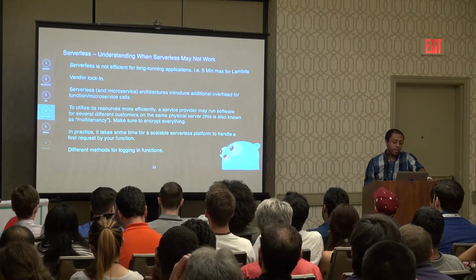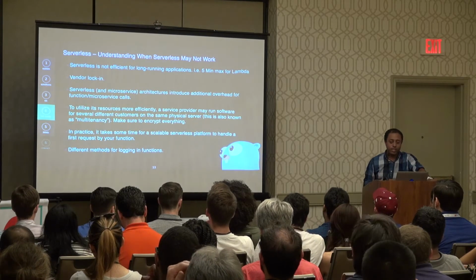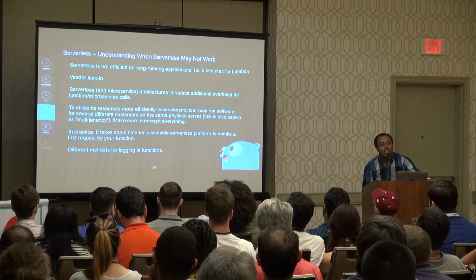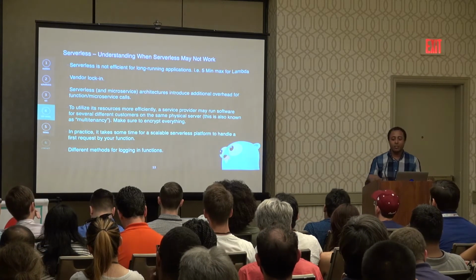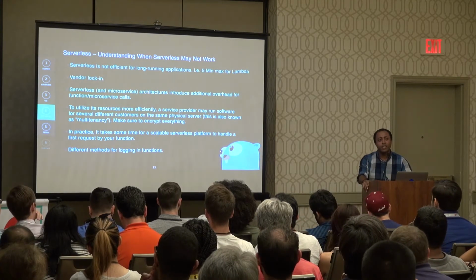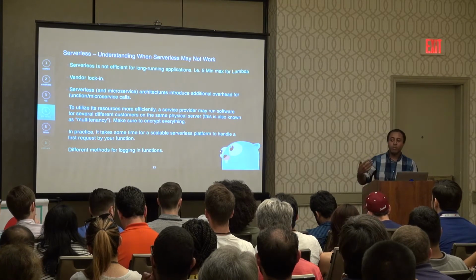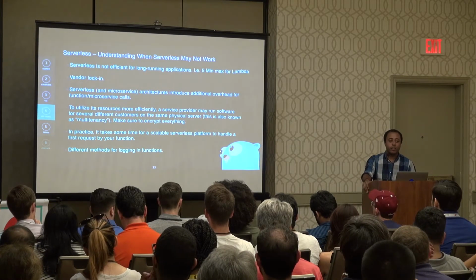Yeah, and so another part of that is multi-tenancy. Multi-tenancy is not an issue that we've run into, especially working at a bank. It could end up being a problem if we didn't encrypt everything.